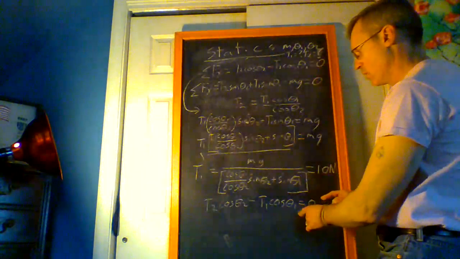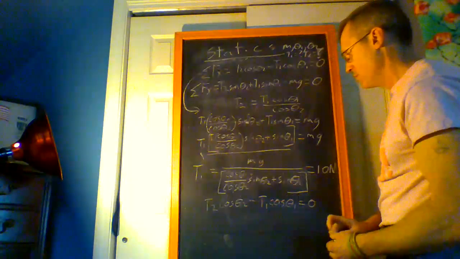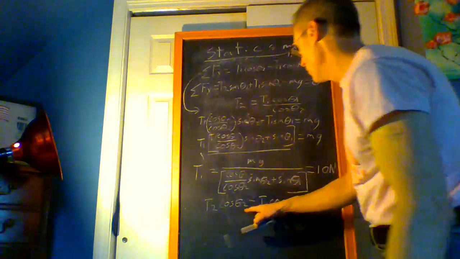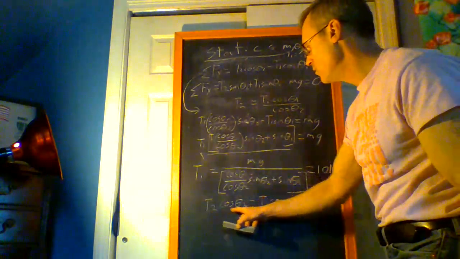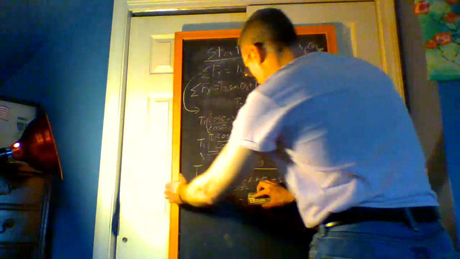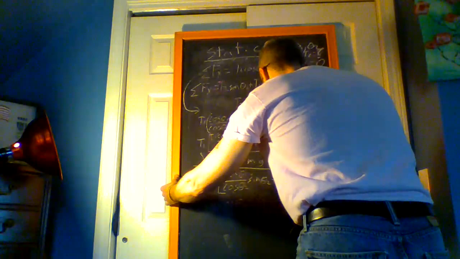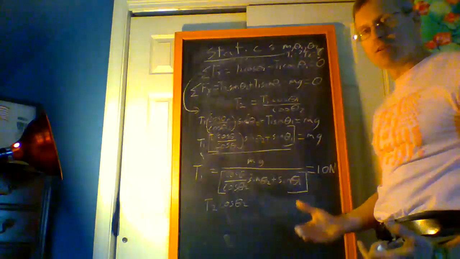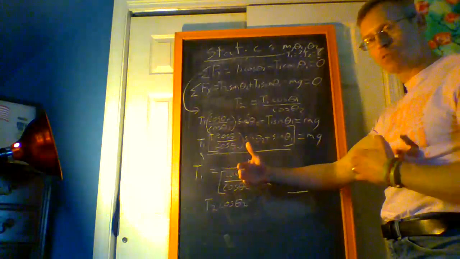What this says is that T2 cosine theta 2 is equal to T1 cosine theta 1. Just to conserve board space: if two things add to 0, then one thing is equal to the other.